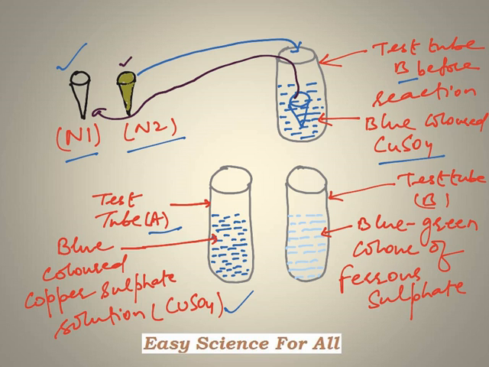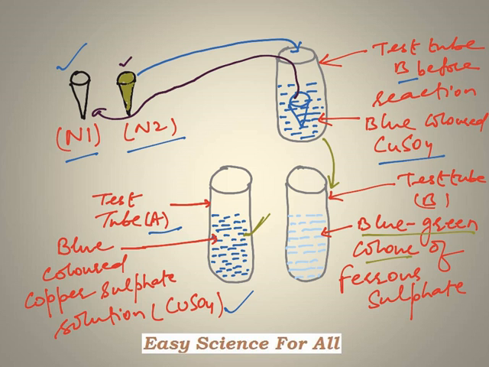And the second observation that I made was that the dark blue color of copper sulfate solution faded in test tube B and it appeared something like this. That is, the dark blue color of copper sulfate solution changed to blue green color.